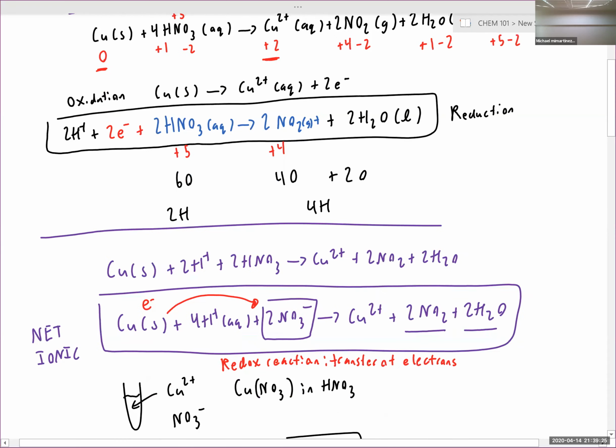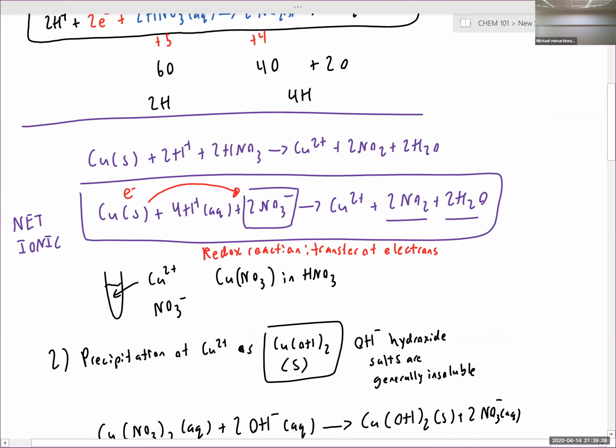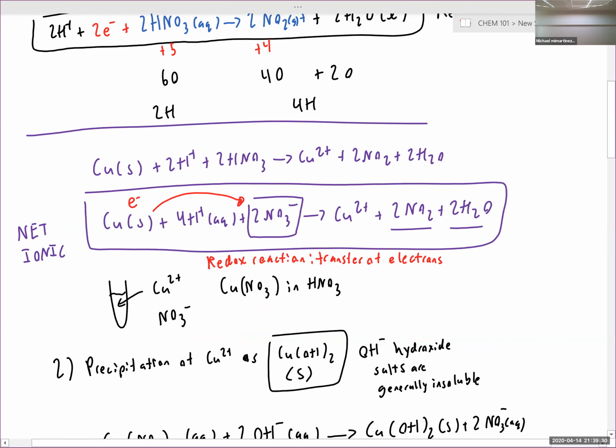Now, in effect, when we react copper with nitric acid, we're engaging in a redox reaction where copper is losing electrons and nitrate is gaining electrons. So in the end, in solution, we have copper 2+, which is copper nitrate, in a solution of nitric acid.